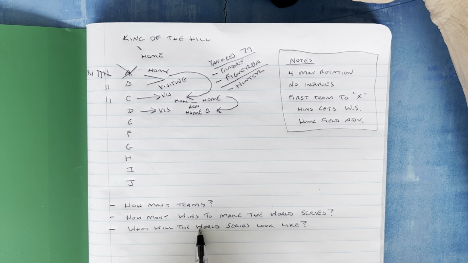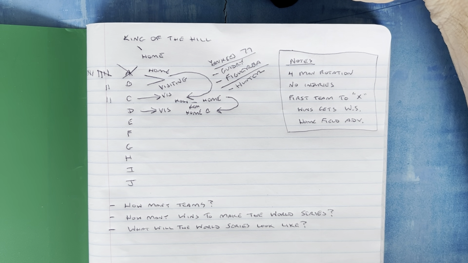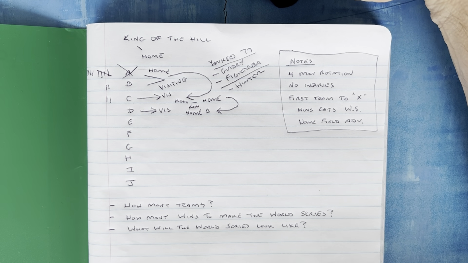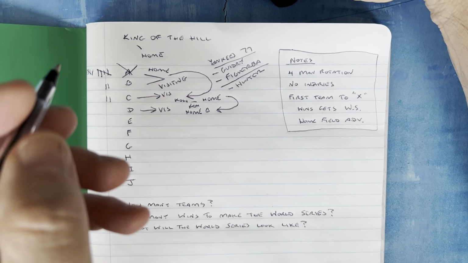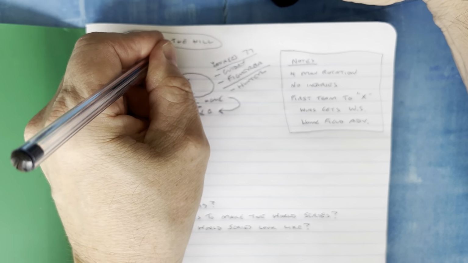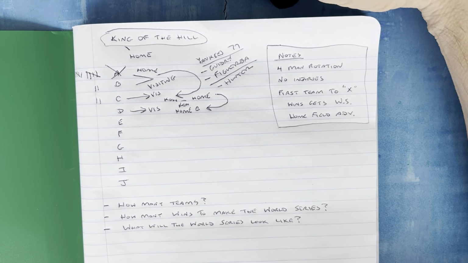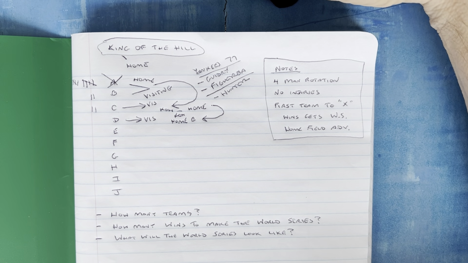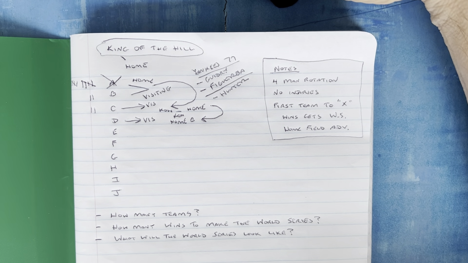You follow your World Series structure, however that looks: 1 game winner take all, best of 3, best of 5, best of 9 if you want. You can set it up any way you want, and you just go for it from there. And the team that wins the World Series becomes the final king of the hill for your tournament. That's it. It's a very simple structure. Even I can do it.